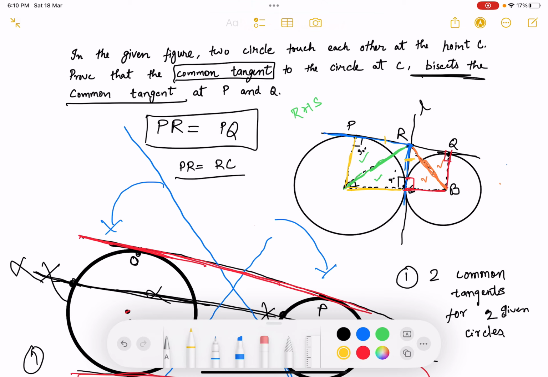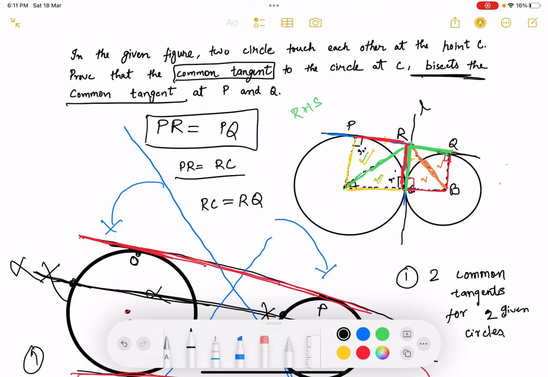What are the corresponding sides? That means this side RC is equal to RQ. So let's write it. RC is equal to RQ. And also, as this triangle and this triangle are congruent, which two sides are equal? PR is equal to RC.